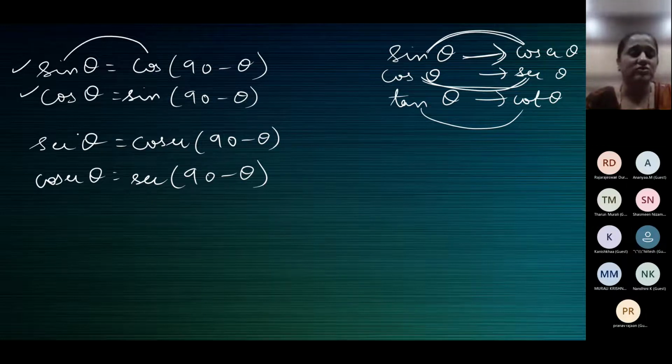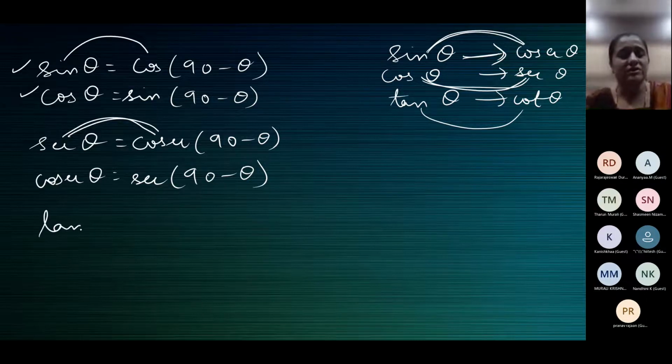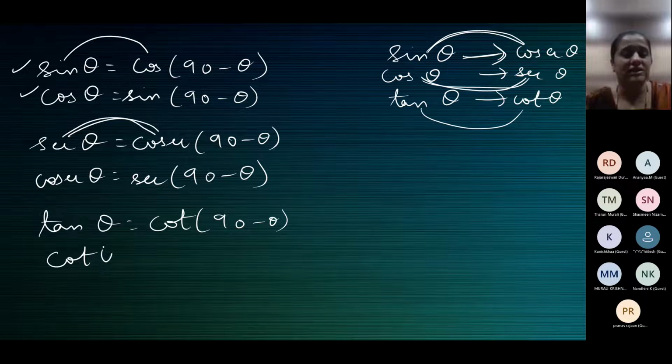Secant and cosecant are complementary ratios. Only tan and cot are both complementary as well as reciprocal ratios, because tan theta is cot 90 minus theta, and cot theta is tan 90 minus theta.